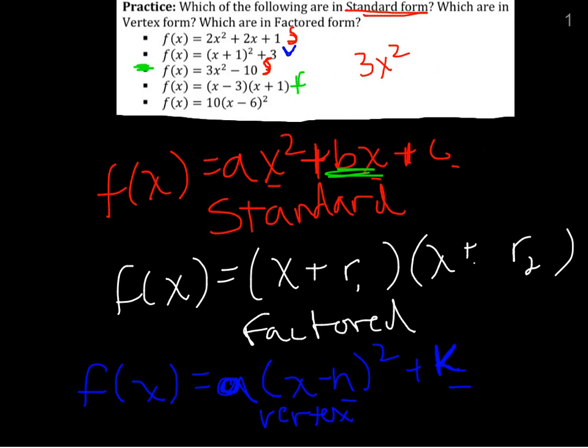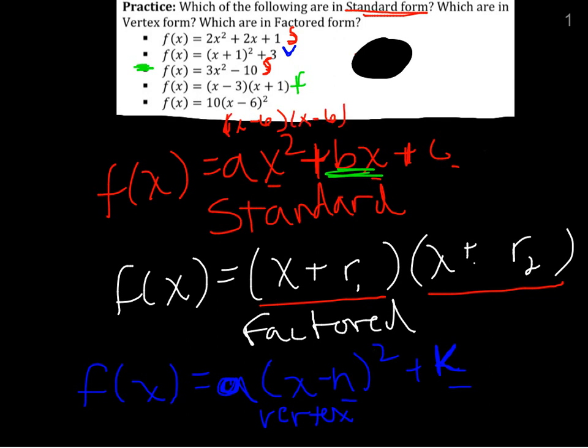Alright, and then the last one is also a little bit of a challenge because, I'm going to erase this, it doesn't really look a lot like any of these forms. Now technically this one could go either way between factored form and vertex form, because in factored form you have the parentheses, and technically x minus 6 squared is the same as x minus 6 times x minus 6.